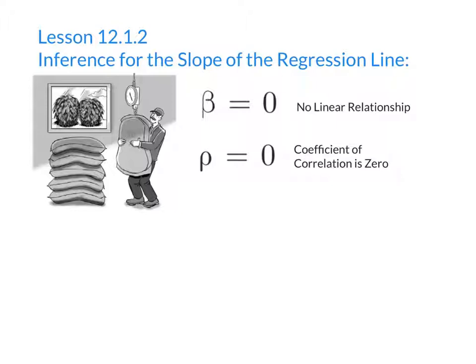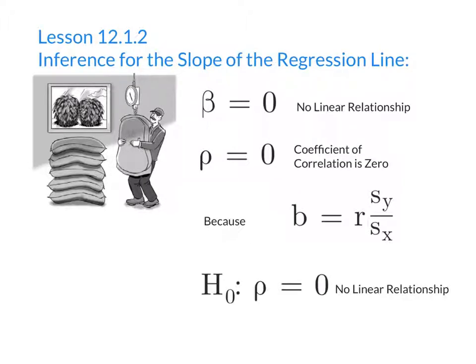If the population slope beta is 0, then the population value of the coefficient of correlation rho is also 0, by this familiar relationship from Chapter 2. And the null hypothesis in symbols, representing no relationship between the variables, would be rho is equal to 0.